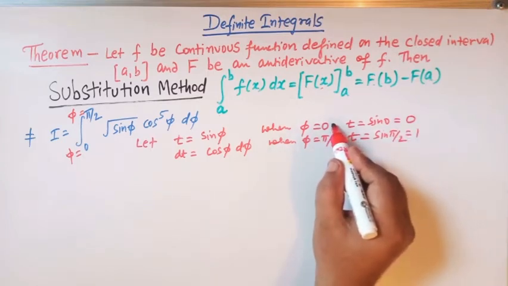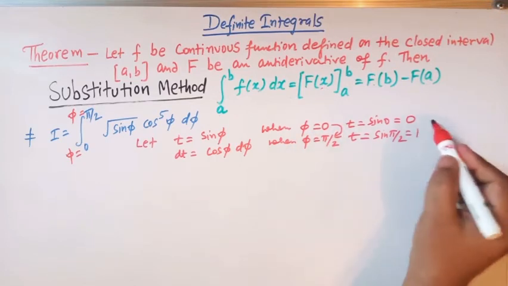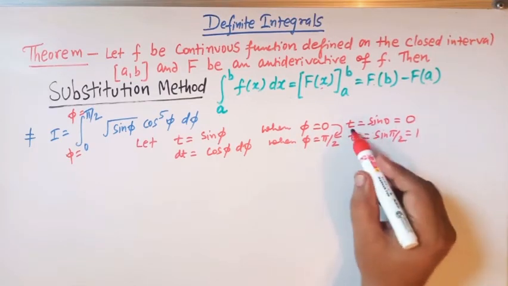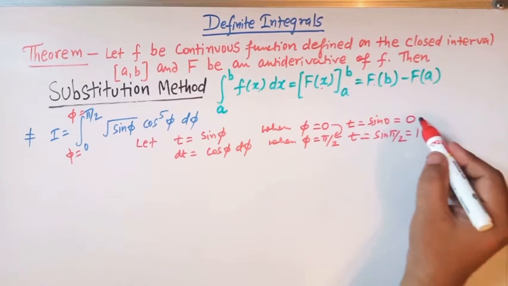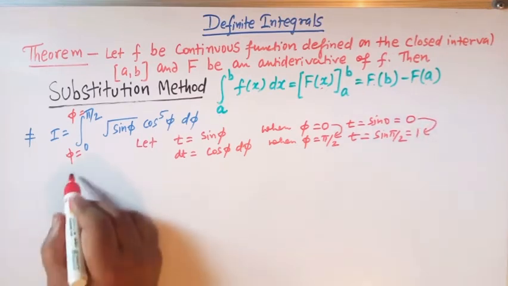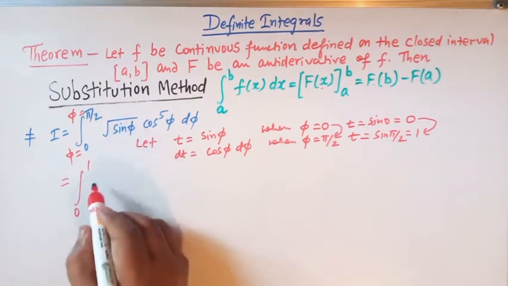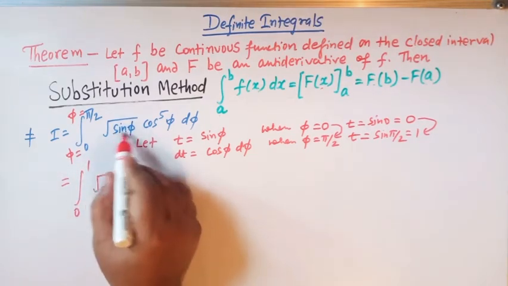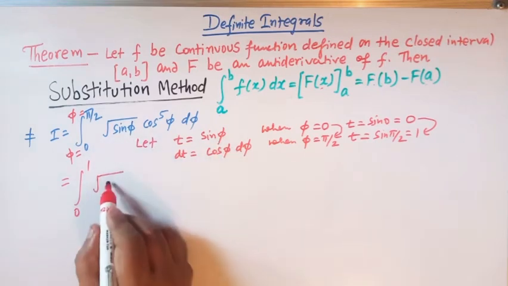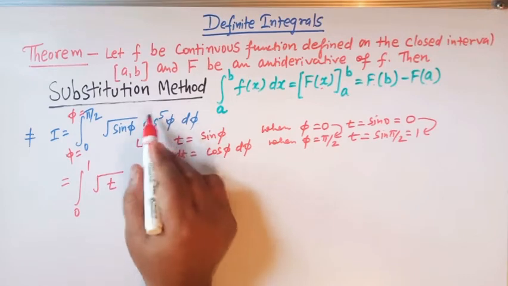So when the limit goes from 0 to pi by 2, the value of this t parameter will change from 0 to 1. So here we'll have 0 to 1, and for sine phi we have t.